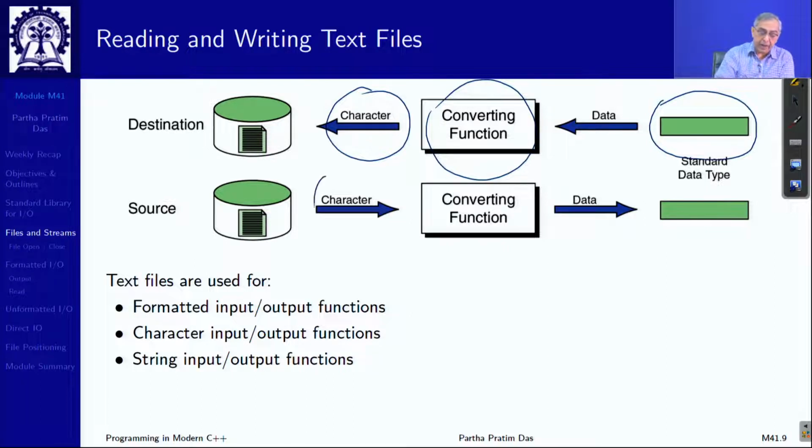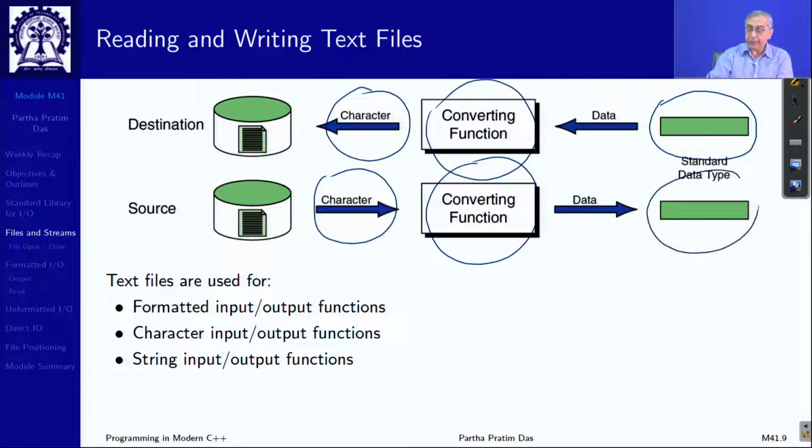Or in the reverse direction, if you have a text file which is a sequence of characters, you take each character one by one and then apply the appropriate conversion function. You will be more familiar with this as format specification, and convert that into a form which is representable in the memory according to the corresponding type, and you store that in the variable.